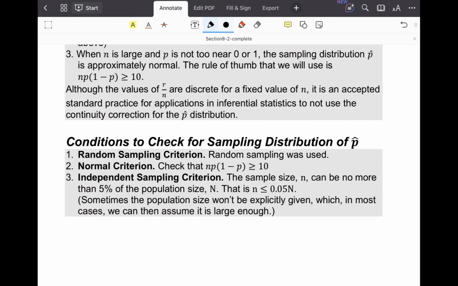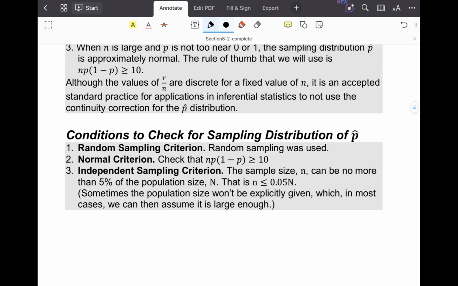For the book that we're using, though, we're going to use this rule of thumb, that N times P times 1 minus P is greater than or equal to 10. I actually do like this rule of thumb, because if this one is true, then the other one that's very commonly used is automatically true: N times P is greater than or equal to 5, and N times 1 minus P is greater than or equal to 5. But this class uses this rule of thumb.